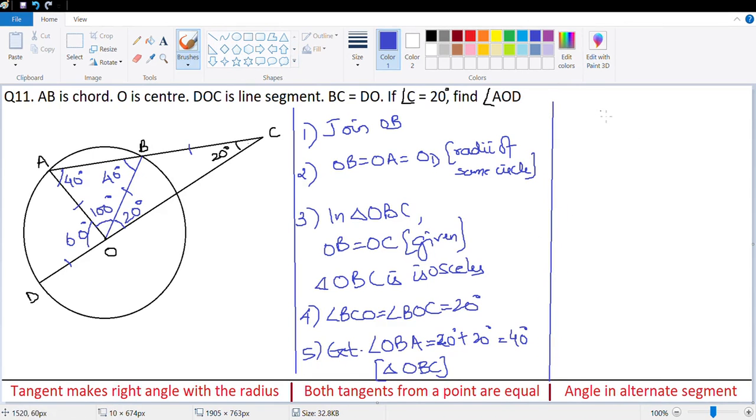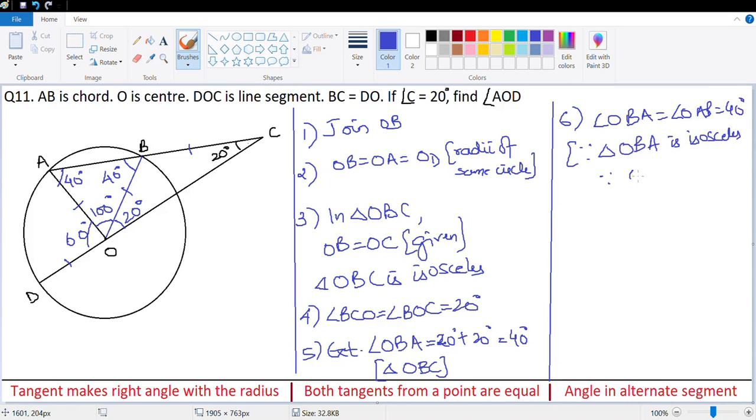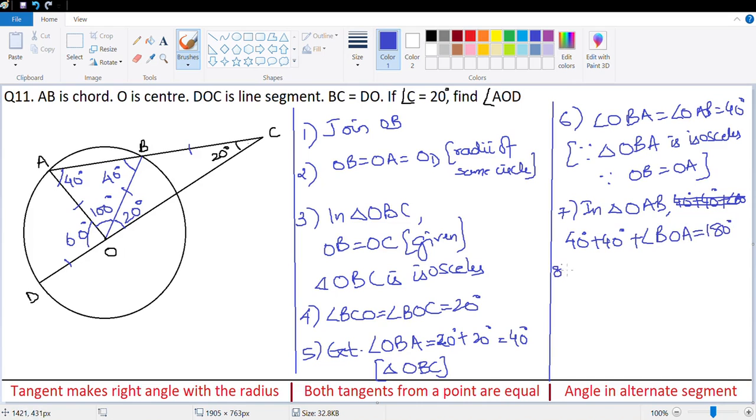Next, angle OBA is equal to angle OAB is equal to 40 degree, since triangle OBA is isosceles, since OB is equal to OA, which means in triangle OAB, 40 degree plus 40 degree plus angle BOA is equal to 180 degree, which means angle BOA is equal to 100 degree.